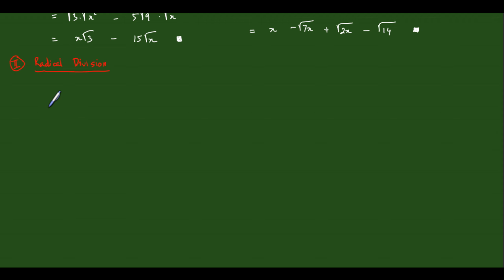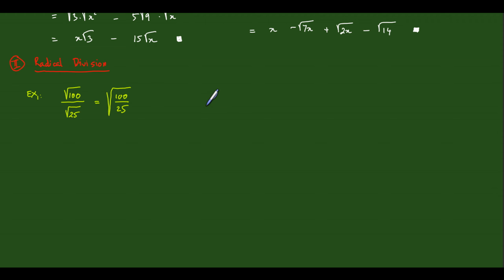Let's do it. What if I have something like this? Let's do something simple first, one with numbers only. So I have the square root of 100 divided by the square root of 25, for example. Then I can combine them under one radical: the square root of 100 divided by 25, right?